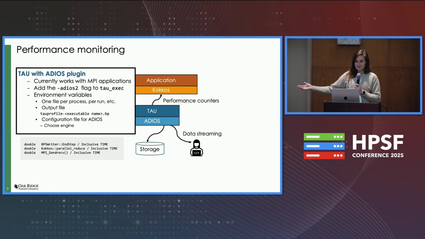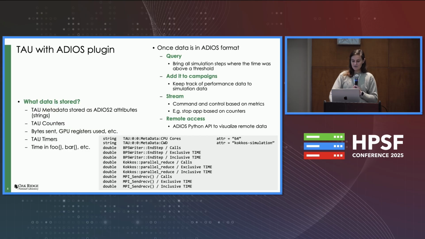And now Tau has an ADIOS plugin, which allows you to create ADIOS files. We don't have time to understand what ADIOS files look like. I was hoping you would know this already, but it's a way of organizing your data. It's a self-described format that allows you to interrogate different variables that Tau is putting out. So all performance counters that Tau usually puts in a file are now organized in this type of format, and you can interrogate all these variables with an ADIOS API.